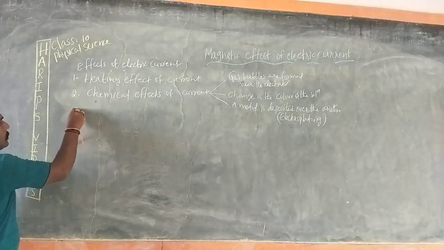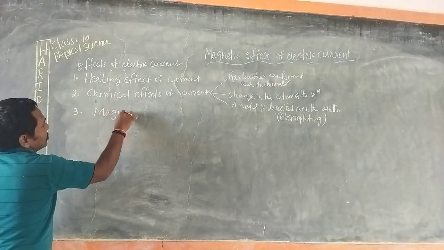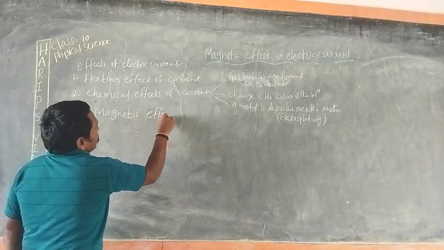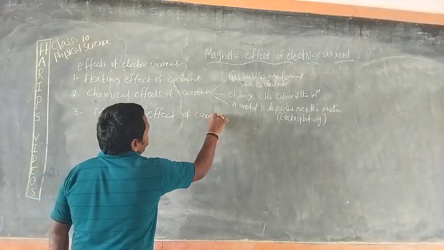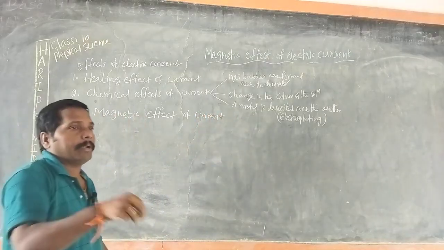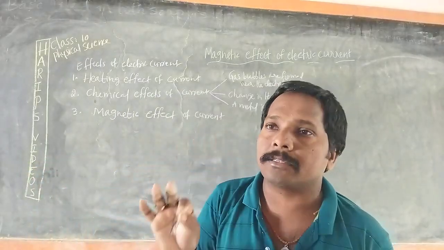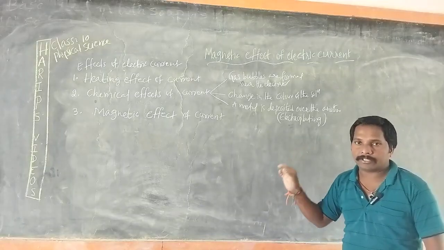Then coming to the third effect, the magnetic effect of electric current. What happens when electric current is passed through a current carrying conductor?